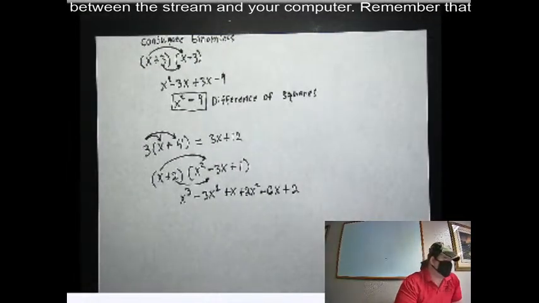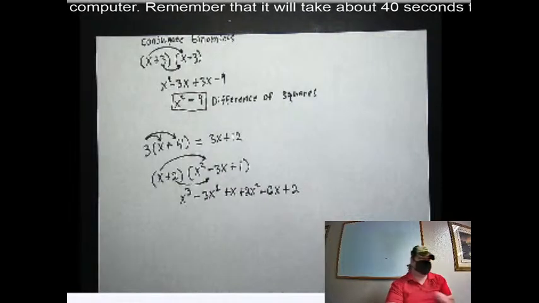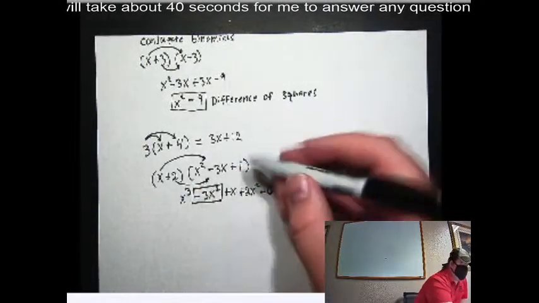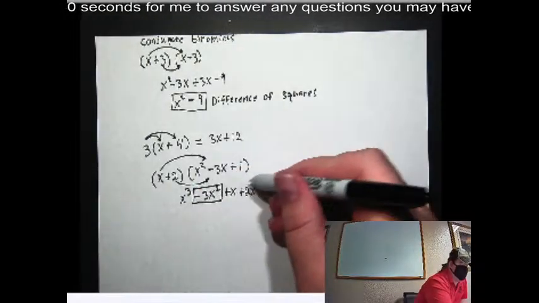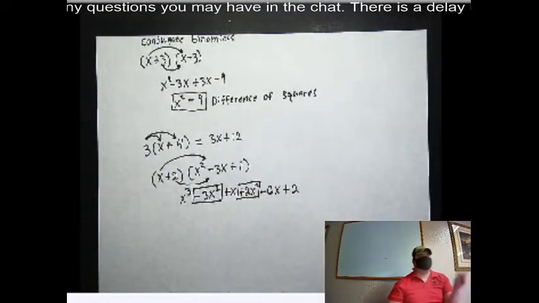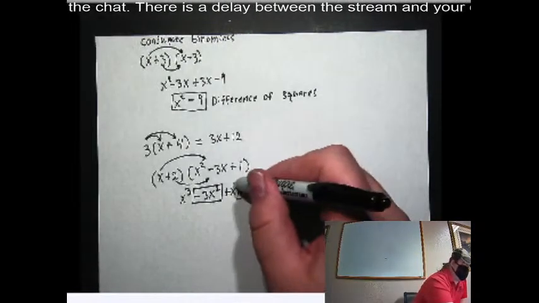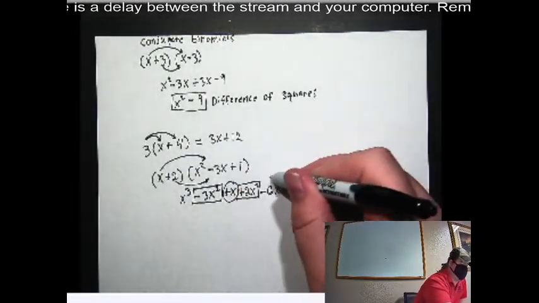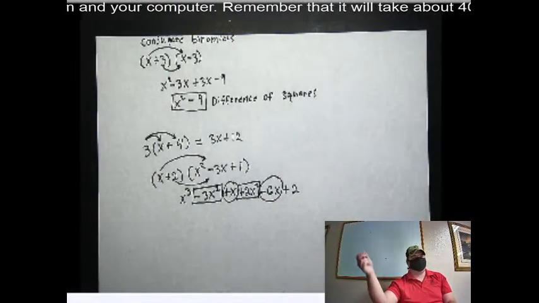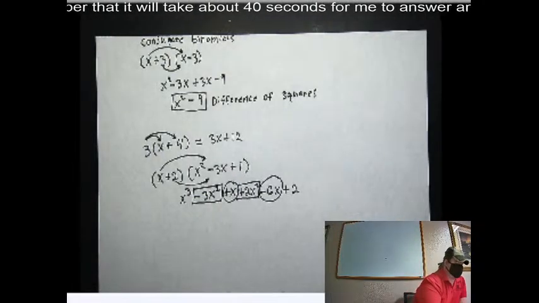Okay, so do we have any like terms? Yeah, we do. We actually have 2 pairs of them. We have a negative 3x squared here, and it pairs up with the positive 2x squared there. They're both x squareds. They're both like terms, so we can combine them. X and negative 6x are both in terms of x to the first. So they're like terms. We can combine them. So let's see what we get when we combine our like terms.